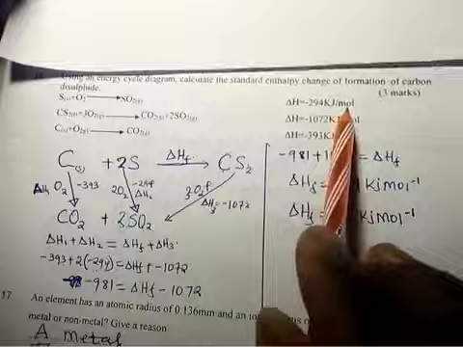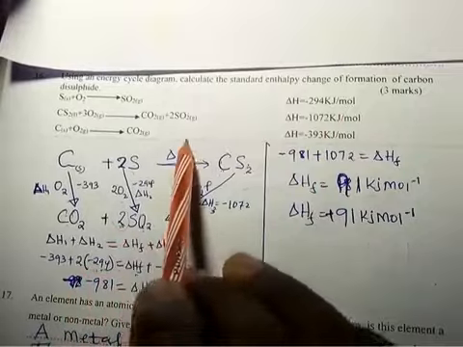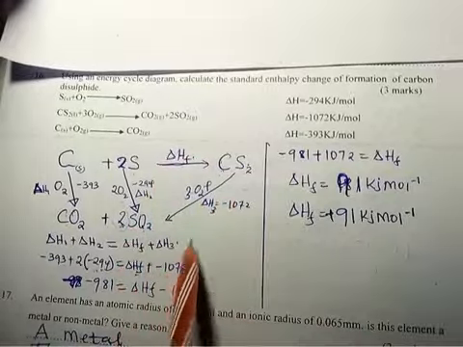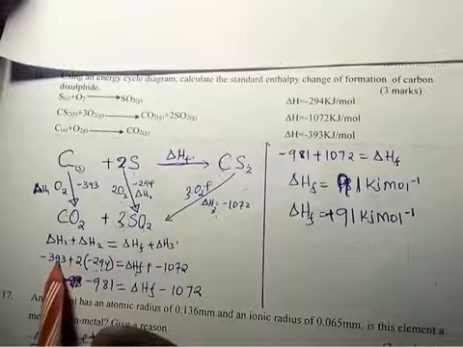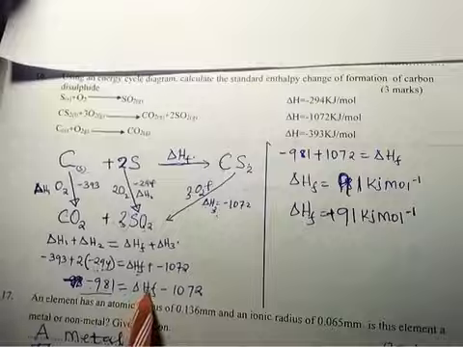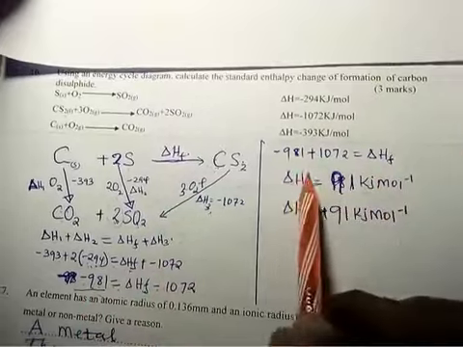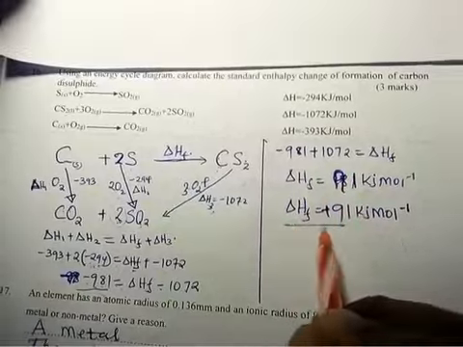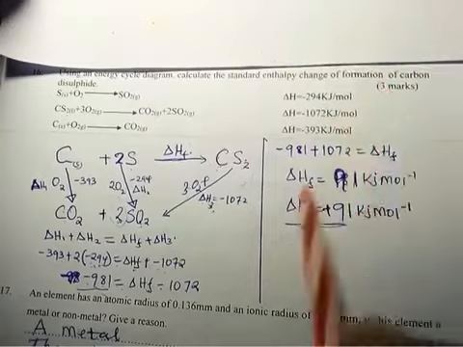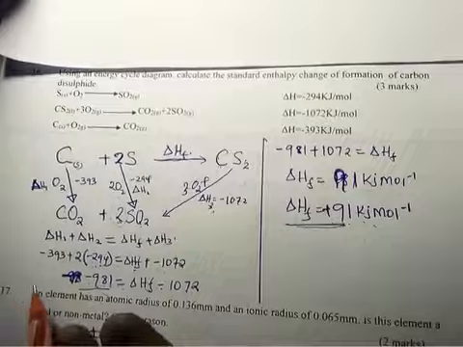This is per mole, 1 mole, but these are 2 moles. Times 2 is equal to, we are looking for this one, plus, this is negative. We have been given that. So when you subtract this, you get negative 981 equals delta H of formation minus this. You collect like terms together, and then you find the heat. The standard enthalpy change of formation of carbon disulfide is positive 91 kilojoules per mole.